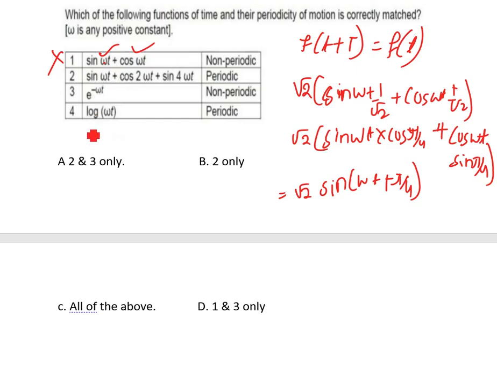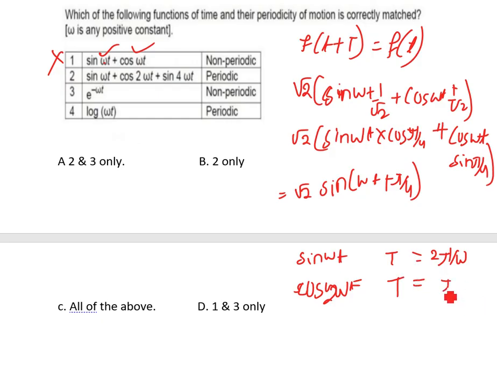For the second one, sin ωt is a periodic function whose time period T is equal to 2π by ω. The second one is given as cos 2ωt, which is also a periodic function, because all sine and cosine functions are periodic.